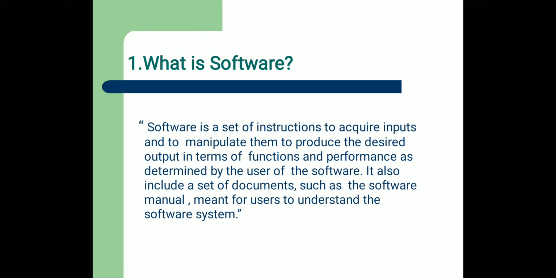The software also includes a set of documents, because somewhere we have to use document instructions. For example, with a Gmail password, Gmail checks whether an existing user is already available, comparing with previous users, and the password must have 8 characters and one capital letter.